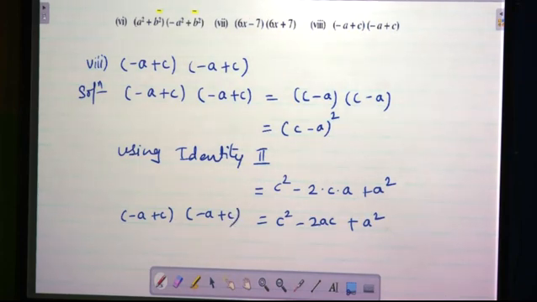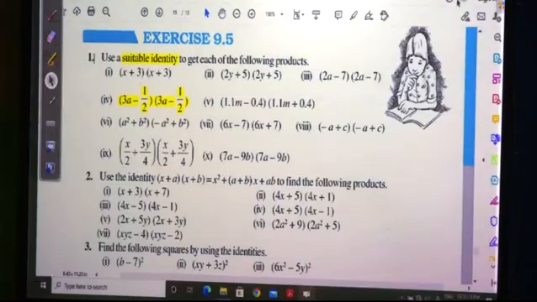Let us see the next sum. The ninth sum is x upon 2 plus 3y upon 4 in first bracket, and the same terms with the same sign repeated in the second bracket, x upon 2 plus 3y upon 4.